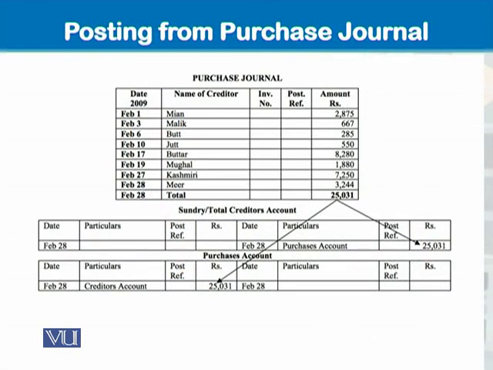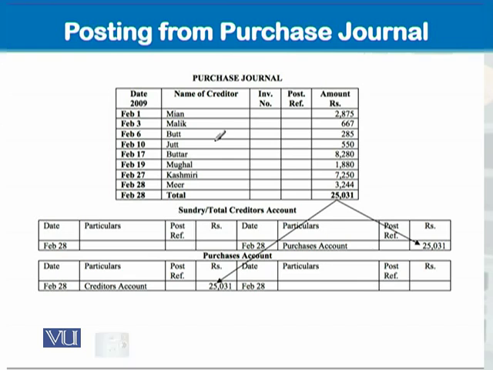Like in the purchase journal, this is what we maintained. There is a list of creditors appearing in this purchase journal, and at a specific date, in this example, you see it is February 28, which is the end of the month, we make the total of this purchase journal.